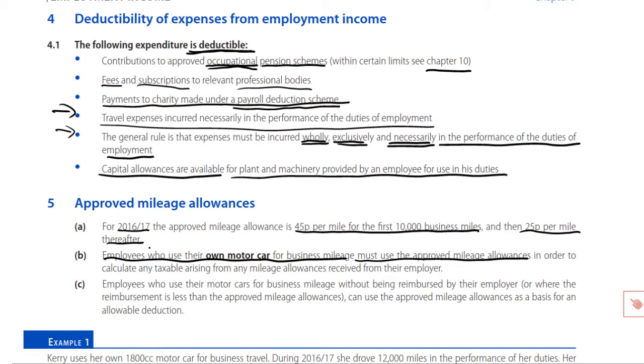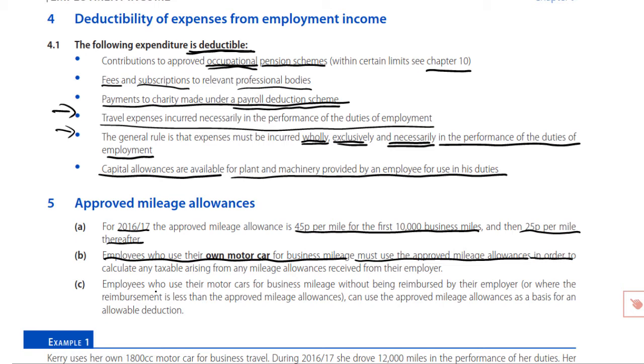And this again would be where you would be using your own car, not a car provided by the employer, not a company car, but your own car. And you're compensated for the use of that car, and most employers do use these authorised mileage allowance rates or payments there.